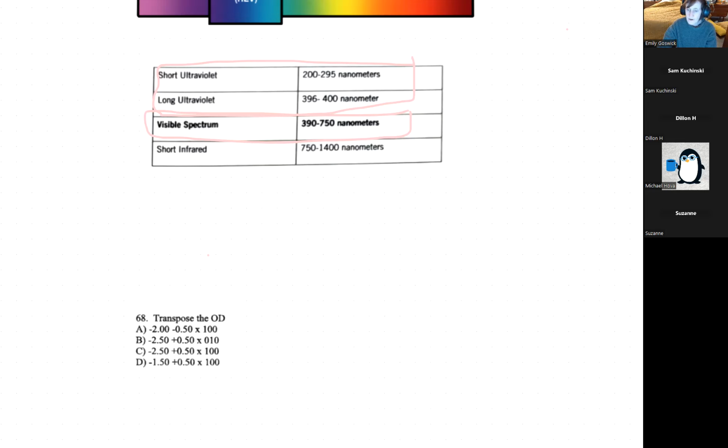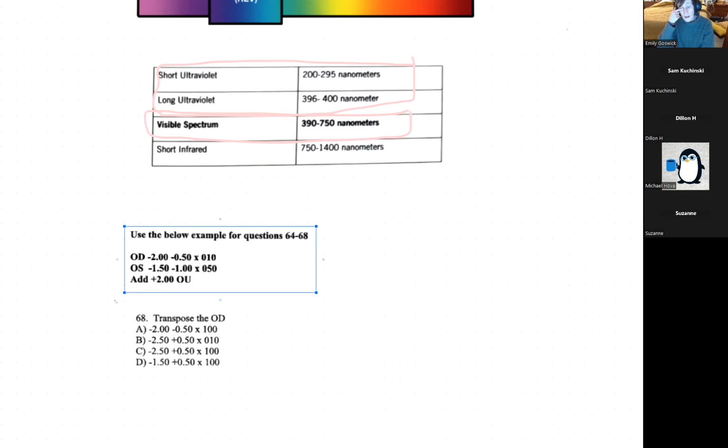The RX we're going to use is here. Use the below example. So we have -2, minus a half at 10, minus 150, minus 1 at 50. And it's asking us to transpose the RX.